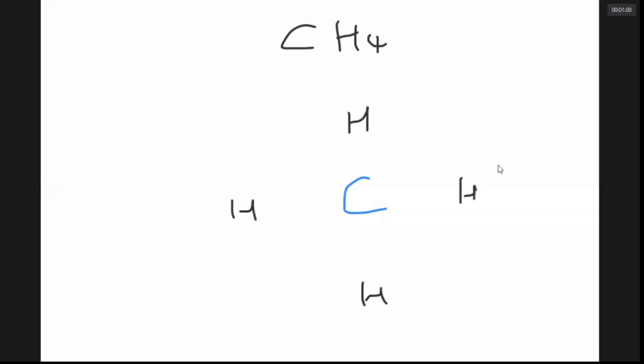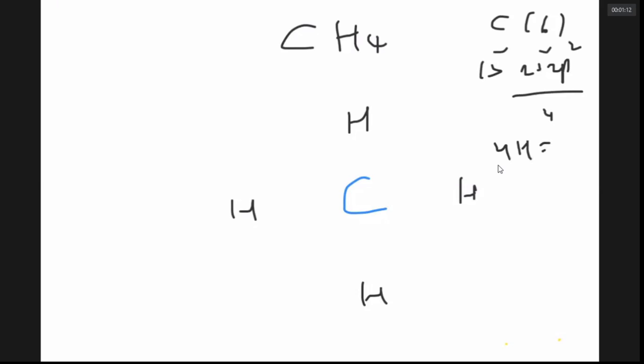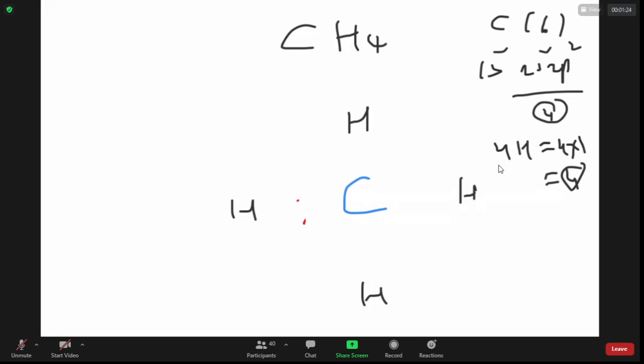Anyway. Now, carbon has how many valence electrons? Right configuration, 1s2, 2s2, 2p2. How many valence electrons? 4. 4 hydrogens have how many electrons? 4 into 1, 4. Total how many electrons? 8. Now these 8 you write such that each 2 atoms have at least one shared electron.